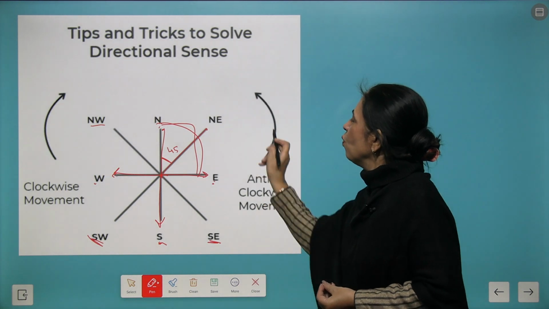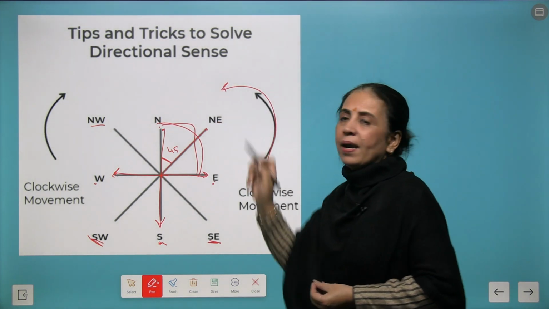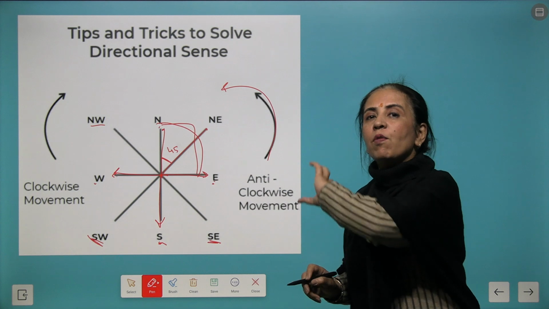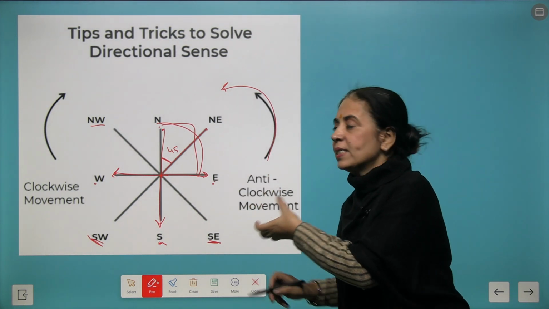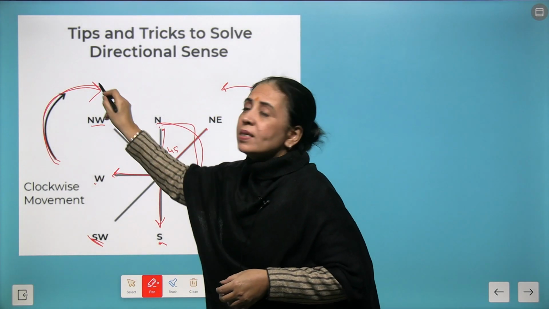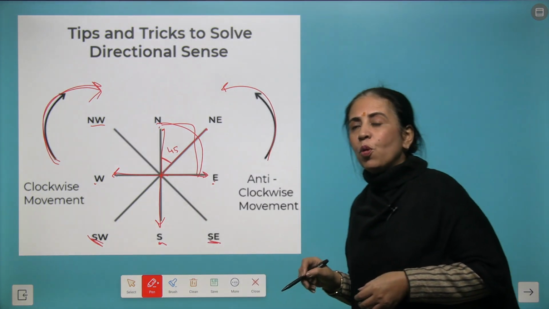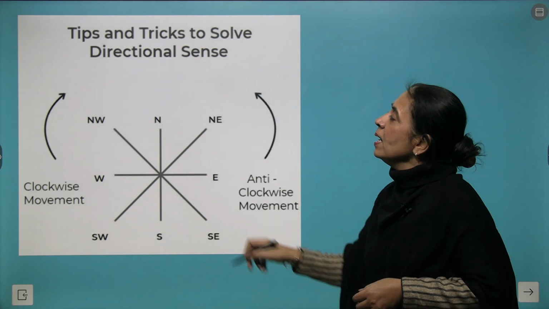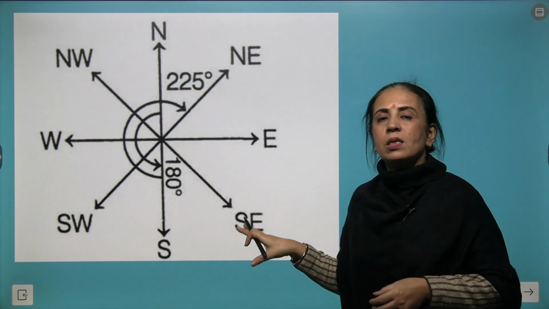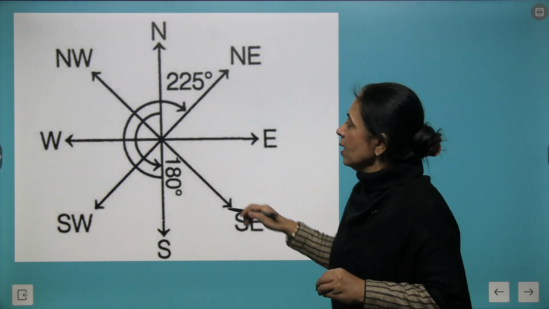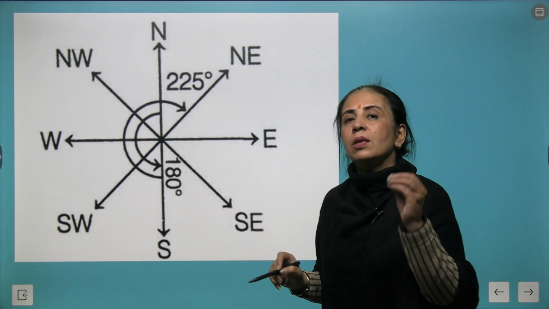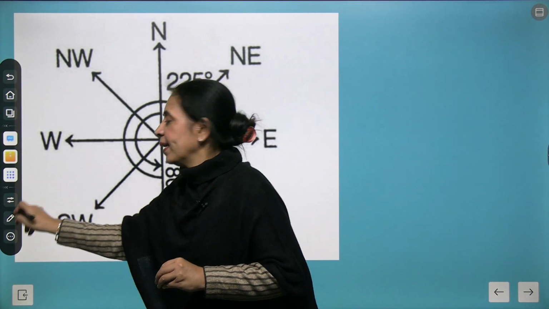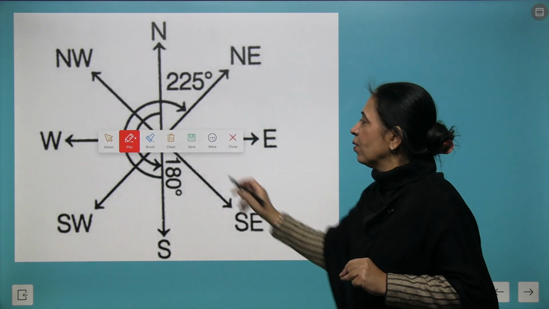Now, when you move in the opposite direction of clock, we say we are turning anti-clockwise. And when your movement is towards the direction of clock movement, we say it is a clockwise movement. Now, this shows the angle turn. The smallest angle turn you can consider for the direction change is 45 degree.